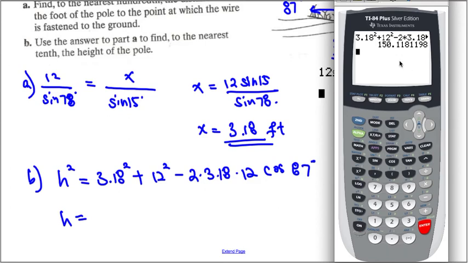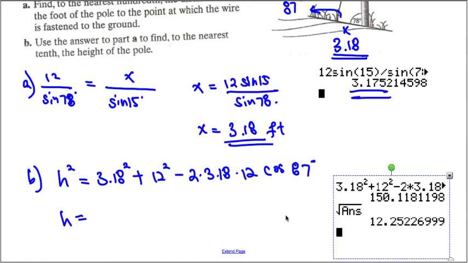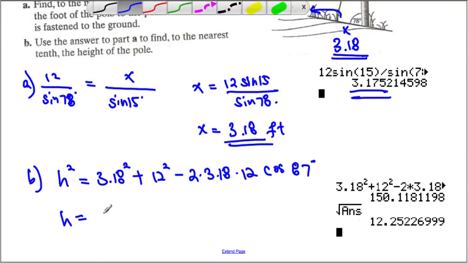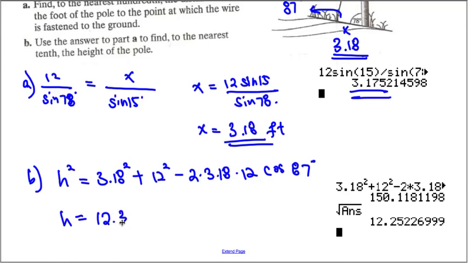And that's h squared, so we have to get the square root of it. So 12.25, so to the nearest tenth in this case, 12.3. That becomes our answer.